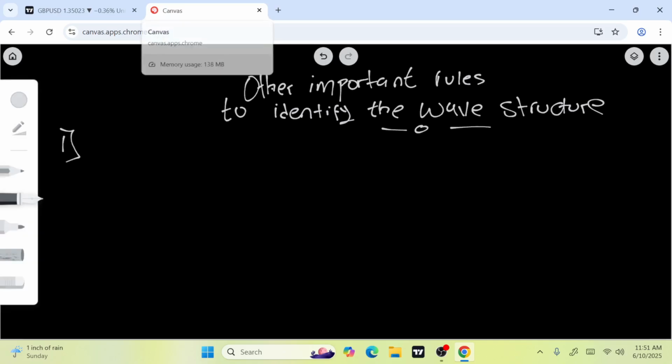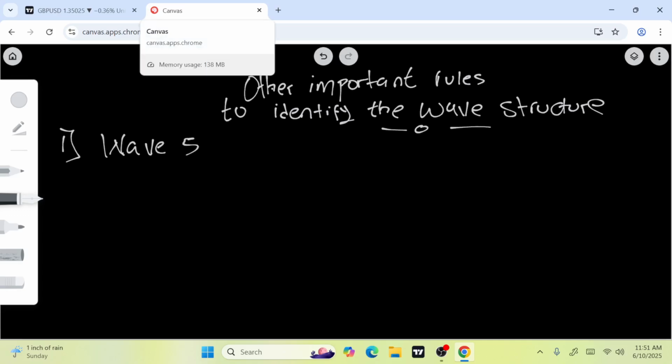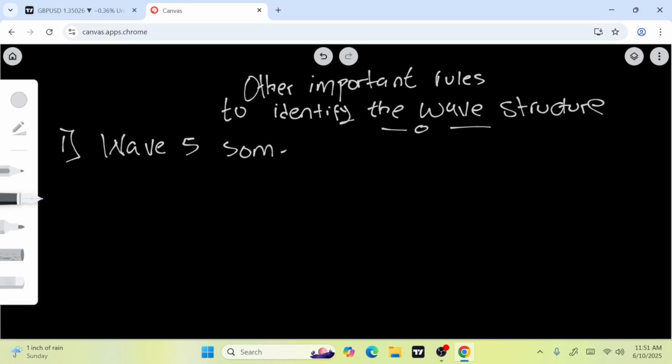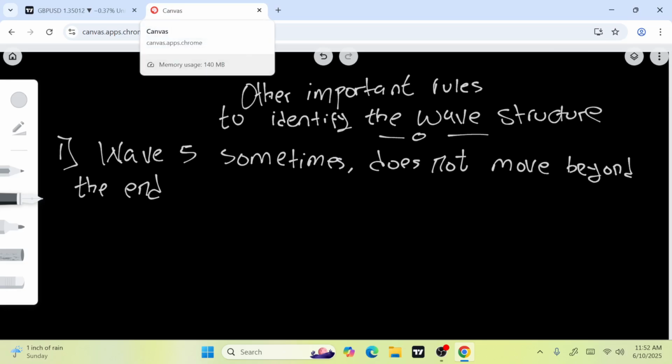Number one: wave 5, sometimes, comma, does not move beyond the end of wave 3.